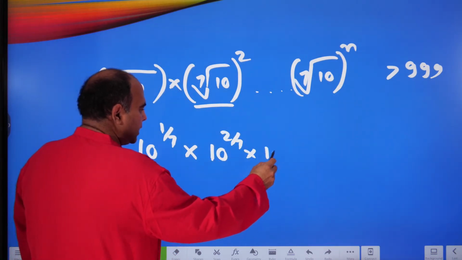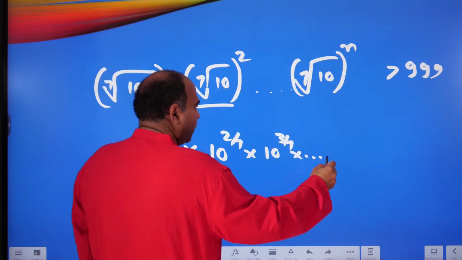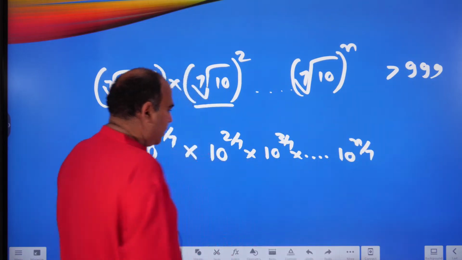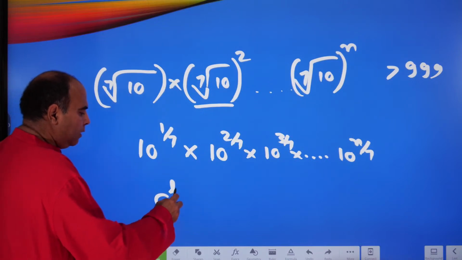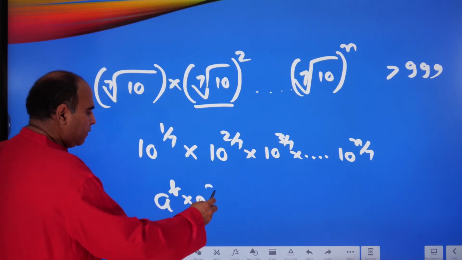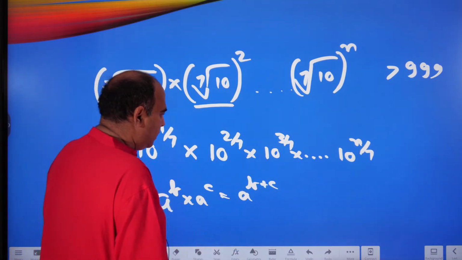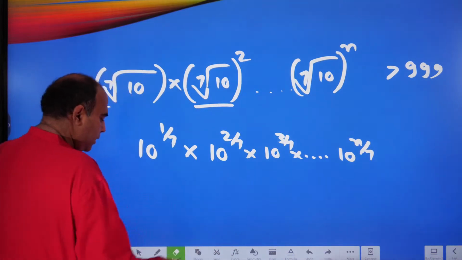Going forward, the next number will be 10 raised to 3 by 7, and all the way the last number is 10 raised to n by 7.